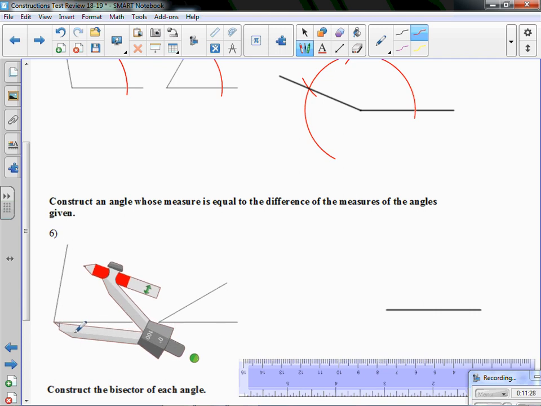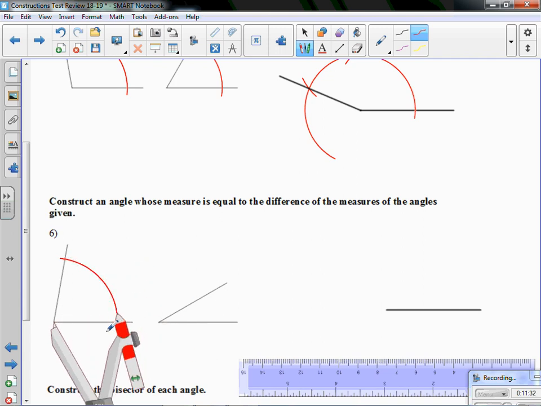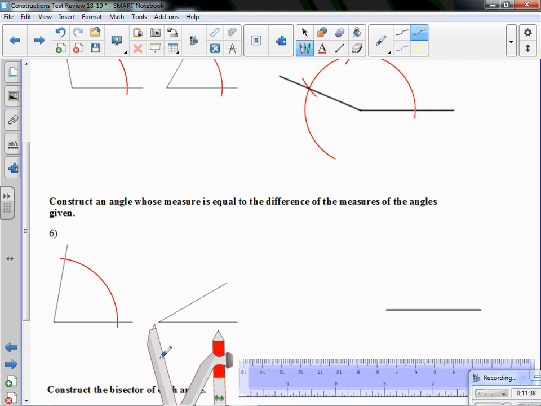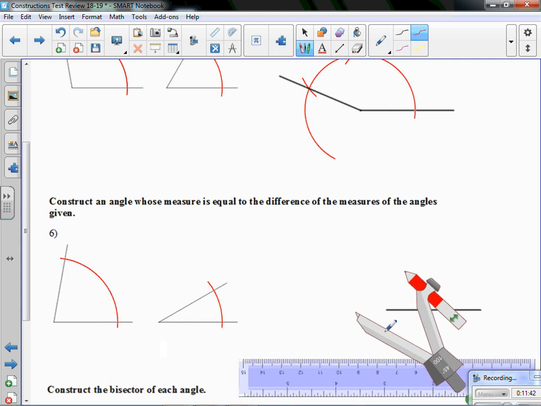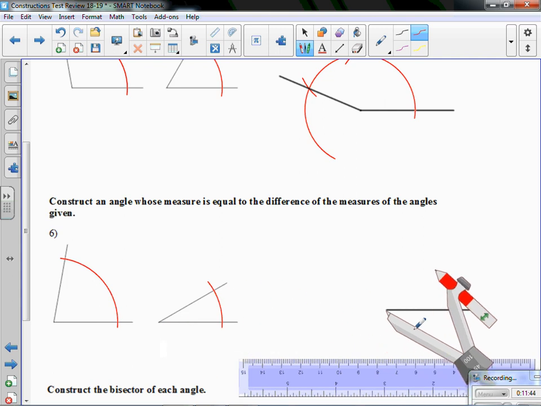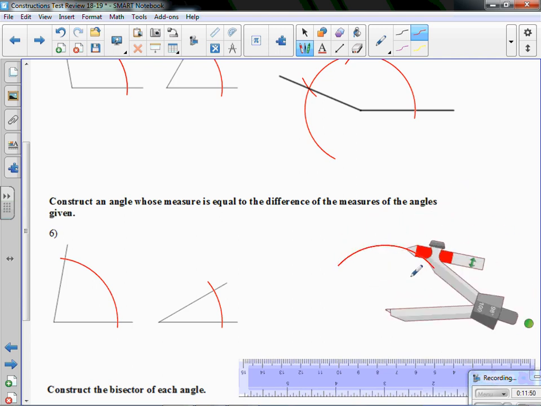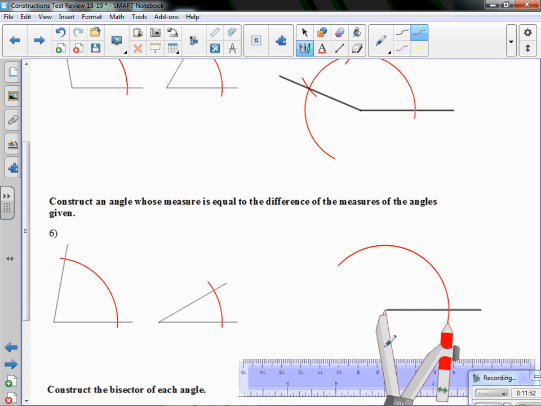Point of the compass at the vertex, make an arc. For the other angle, point at the vertex, make an arc that hits both sides, and then point of the compass at the end point of our segment. We're going to make an arc there.